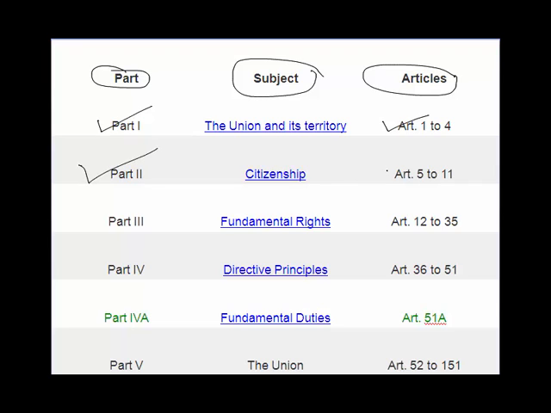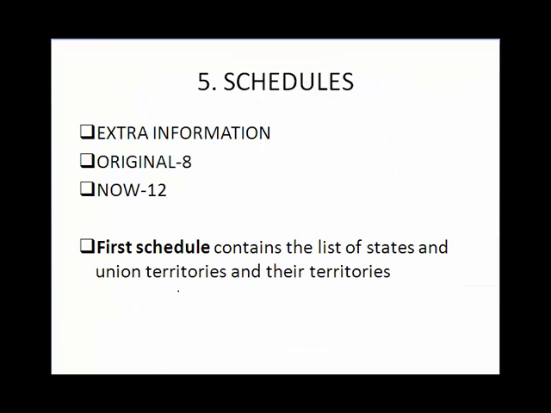It starts from 5 to 11, so there are totally 6 articles in part 2. Also same in part 3, part 4, and a subsection. And last one, part 5. So how many parts are there? Originally 22. Now it has been increased to 25. Clear? So next is schedules.